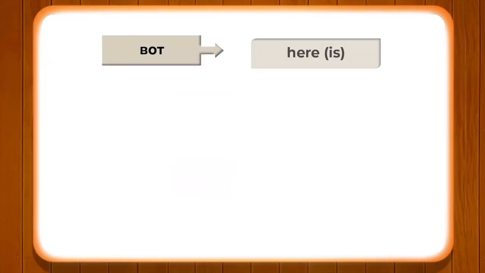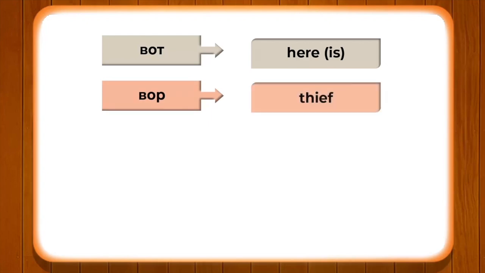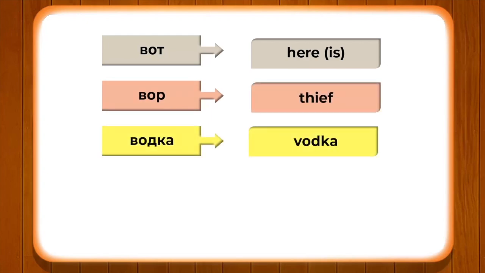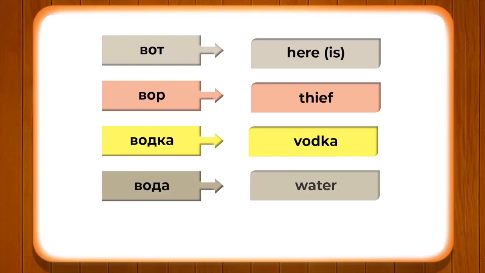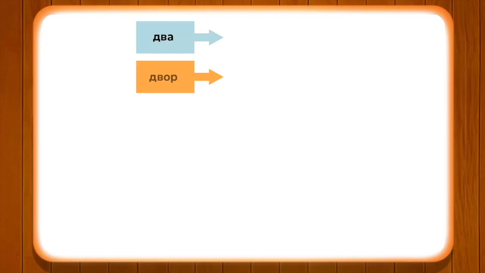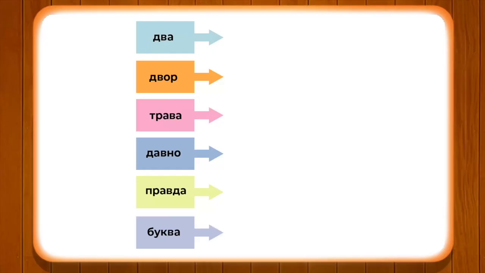Vor means thief, vodka is a drink's name, which is very popular in Russia. Then voda means water and vino means wine. Here we have certain other words with us like dva, dvor, trava, davno, pravda and bukva.